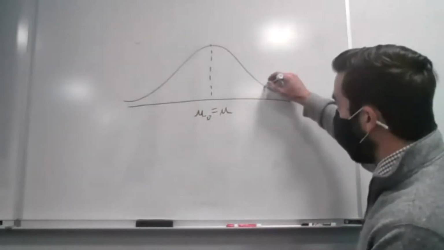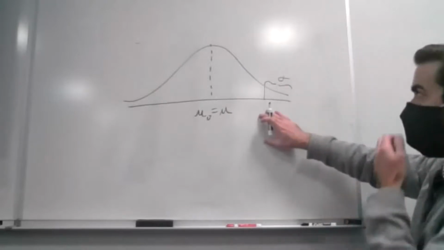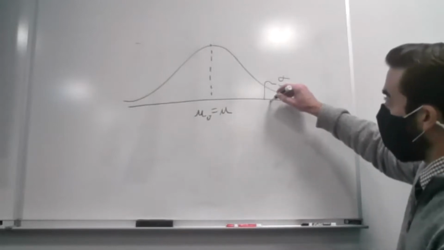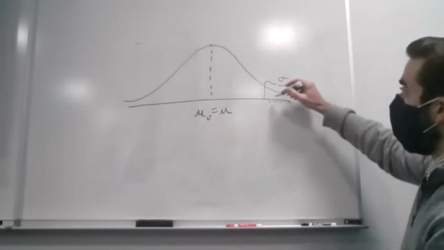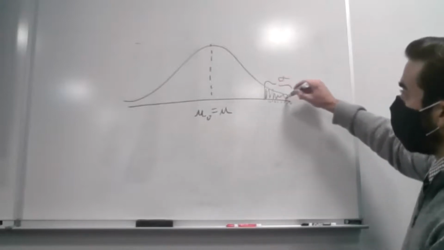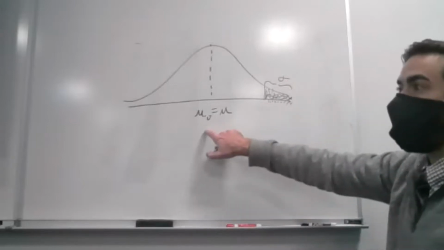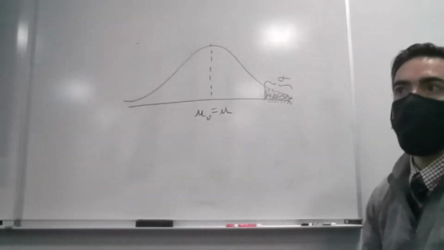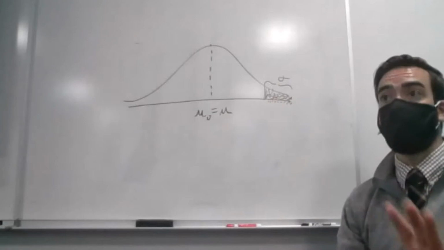Well, if this in fact ends up being the true mean, when we see sample evidence that's this far away from that assumed true mean, and we set alpha to say the probability of seeing something this far away from the assumed true mean, even if it was the true population mean, is so low that we're okay rejecting it.